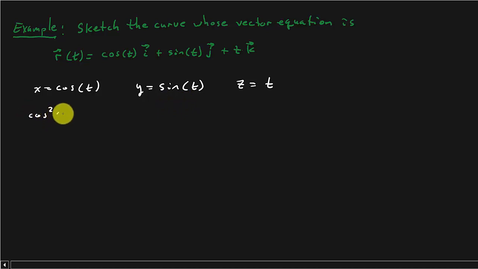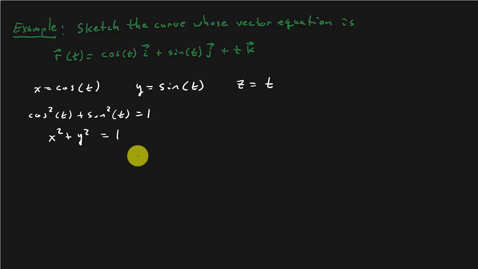What do we know about that? We know that cosine squared plus sine squared is equal to 1. So that tells us that x squared plus y squared is 1, right? Cosine is x, sine is y. So we've got x squared plus y squared equals 1.